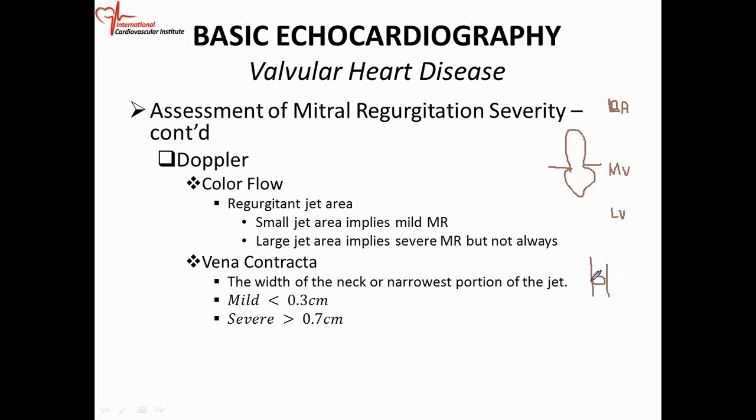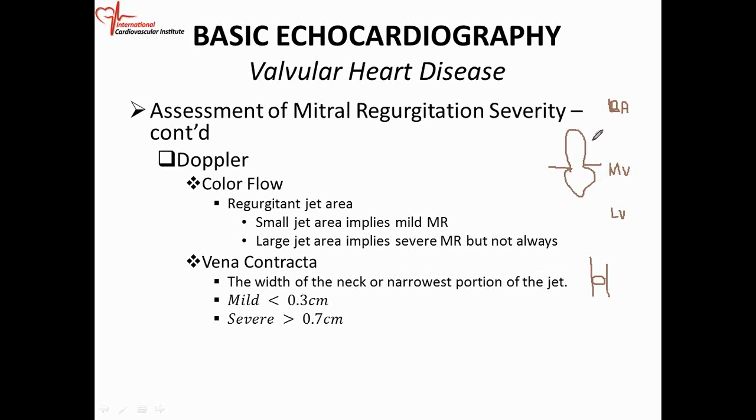And we can also assess this EROA, effective regurgitant orifice area, using the conservation of mass principle. Remember what we said? The regurgitant flow, the flow going backwards from the LV into the left atrium, is equal to the flow at PISA. Flow is equal to area times velocity.